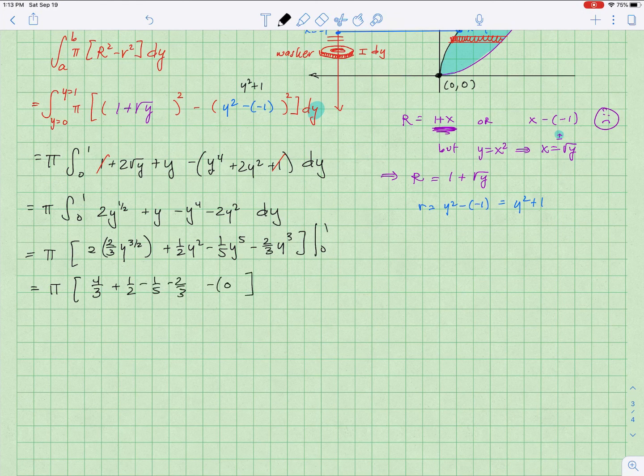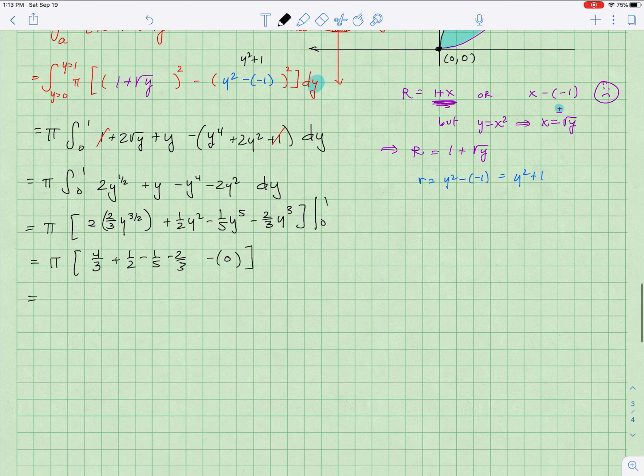And when we plug in 0, we'll get 0. So let's see, what do we have here? I'll just continue this on the right side. 4/3 minus 2/3 is another 2/3. So we have thirds, halves, and fifths. The common denominator, I better write this out before I screw it up.